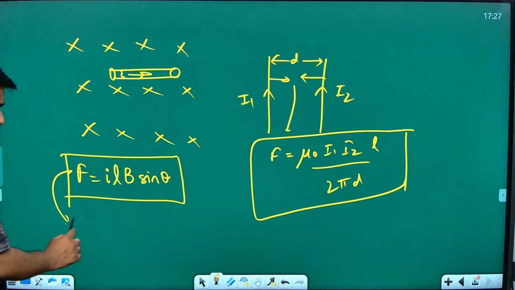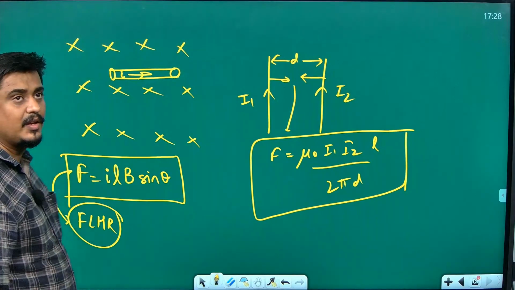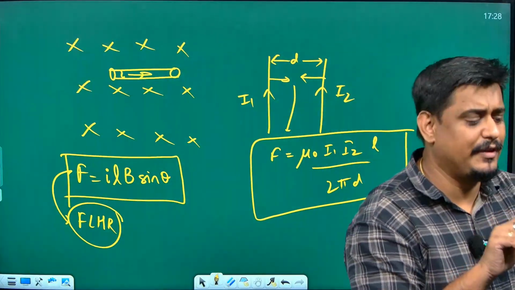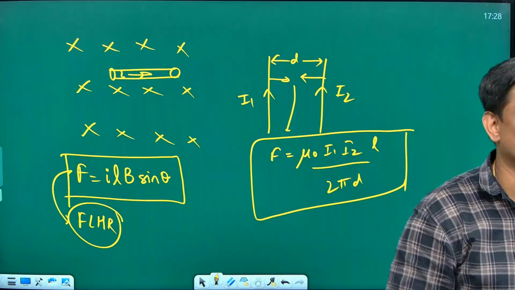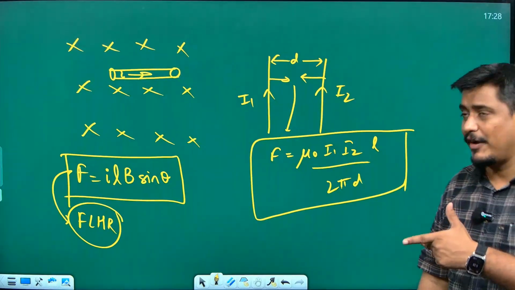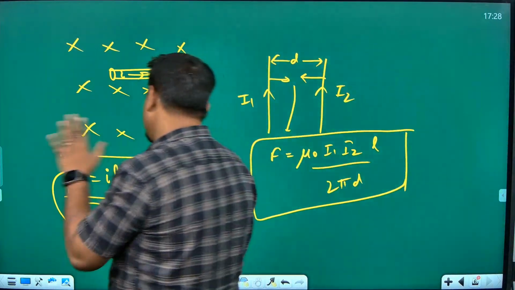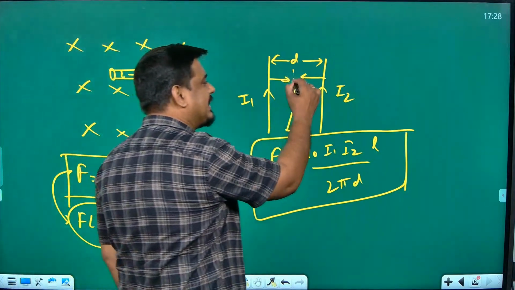Direction of force is given by Fleming's left hand rule. Never forget that. It says that if the first finger is giving magnetic field, the middle finger is giving direction of current, then the thumb is giving direction of force. So by this you can find the direction of force, whether the force is acting upward or downward. If you find the force direction, it will come as attractive in this case.